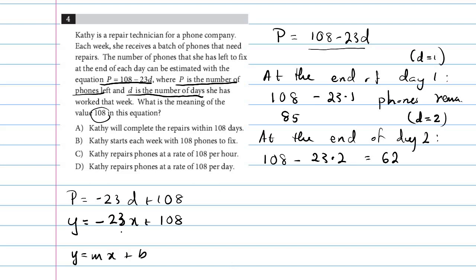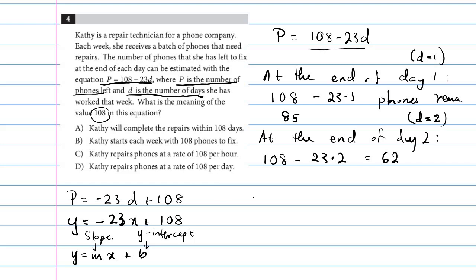Here m is usually called the slope. We'll talk about that later in a couple of minutes, but b is called the y-intercept. So 108 is the y-intercept.